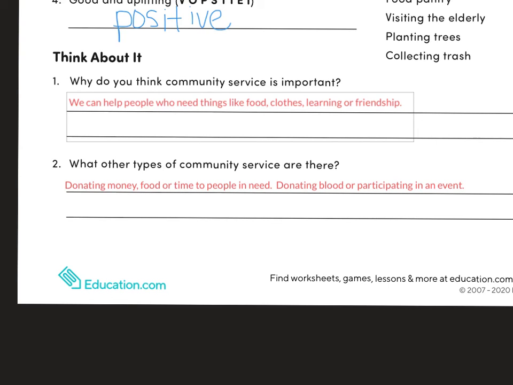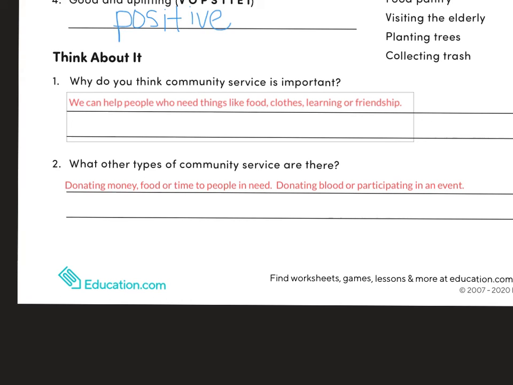Some events might be a race or helping to build a house or a service day to help clean up some areas. So those are some examples of other community service opportunities.